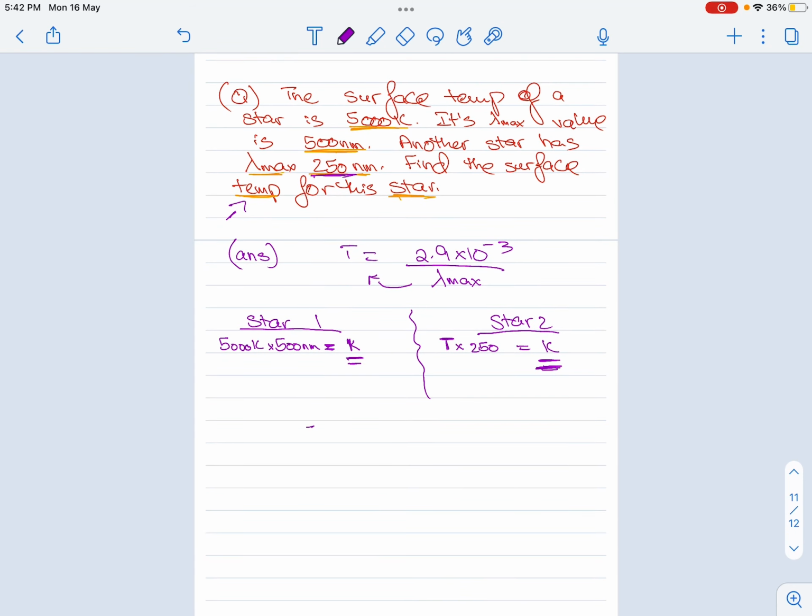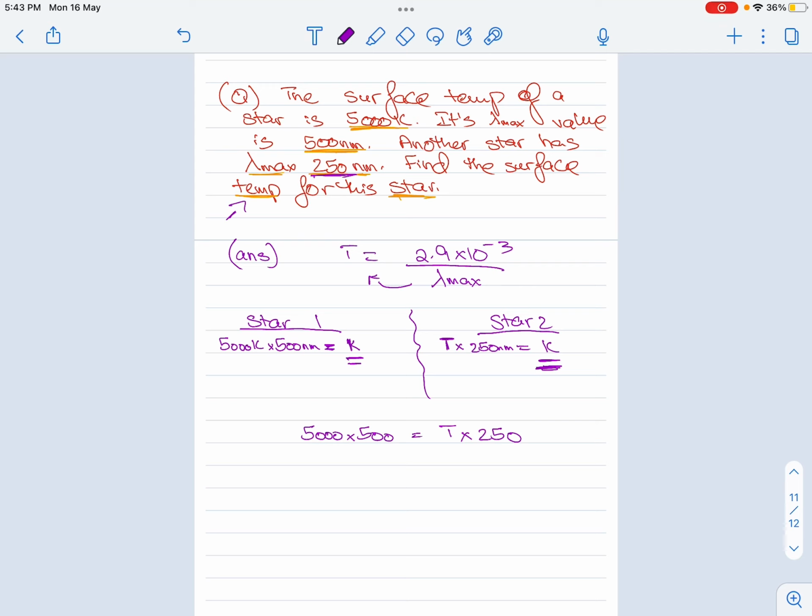So we can write 5000 times 500, and we don't need to convert nanometer to meter in this example because both wavelengths are given in nanometer. If one of them was in nanometer, we should have converted it to meters. So 5000 times 500 equals T times 250.